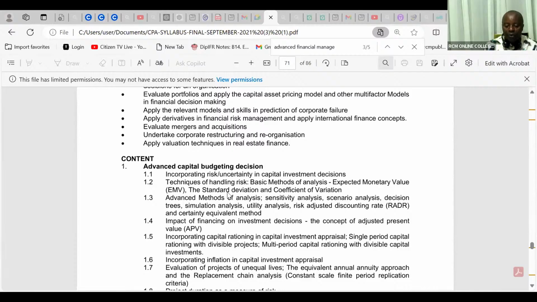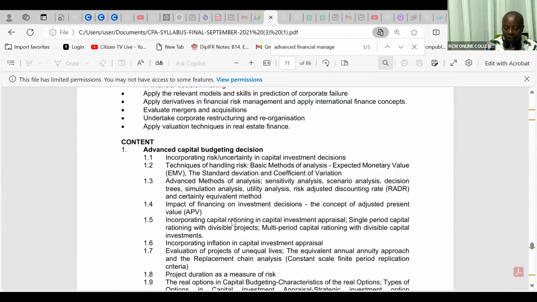Expected monetary value, how we get in this case here to measure risks using standard deviation, coefficient of variation. Advanced methods of analysis: sensitivity analysis, scenario analysis, decision tree, simulation analysis, utility analysis, all these are very big, very good. Impact of financing on investment decisions, the concept of adjusted present value.